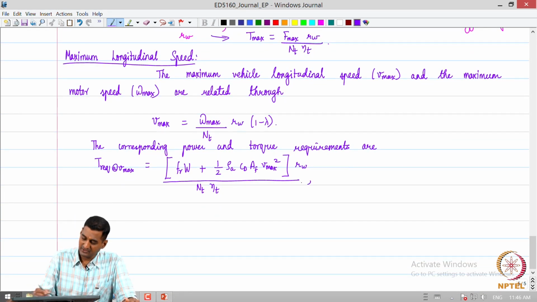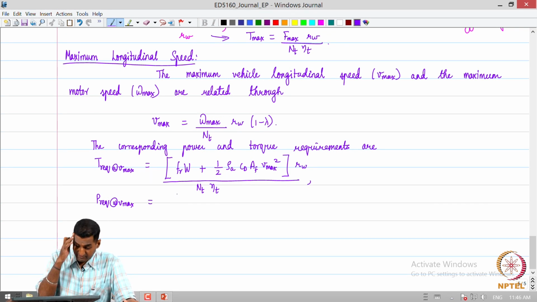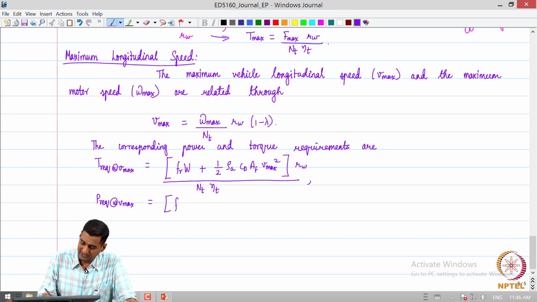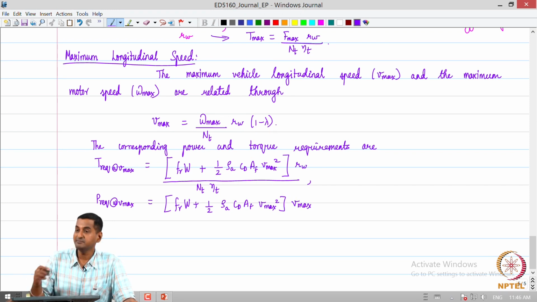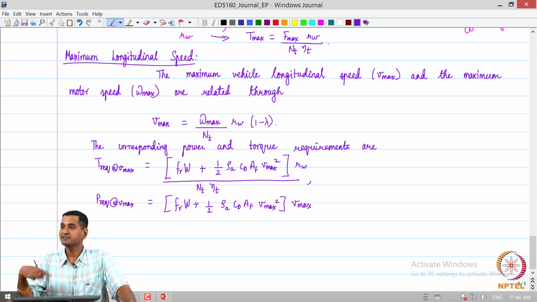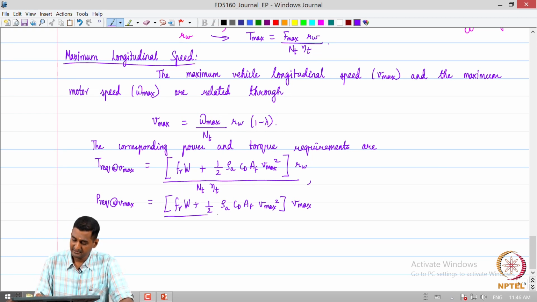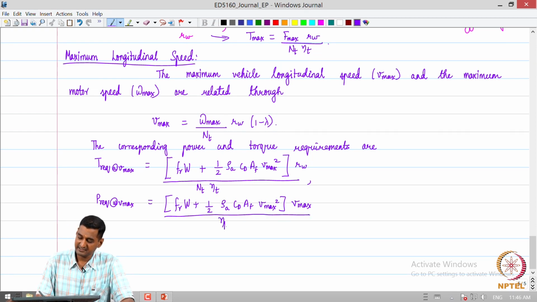Then what will we get for power? Power required for V max will be this, the force that we need to overcome multiplied by V max. That will be the power required at the wheels, then we divide by the transmission efficiency.